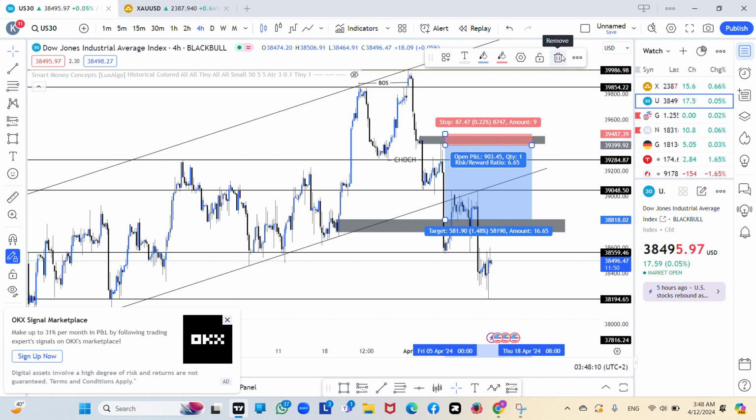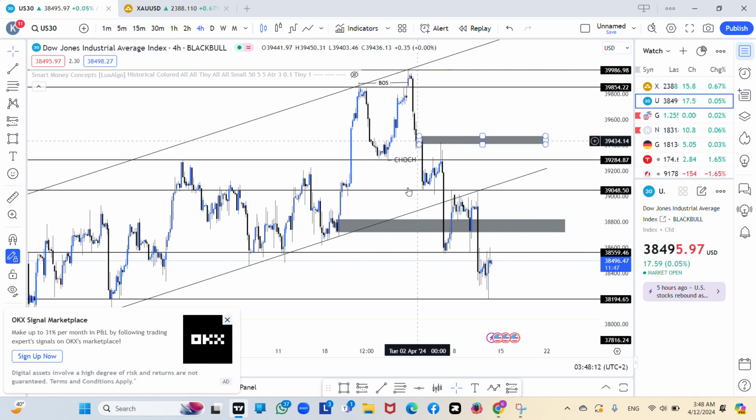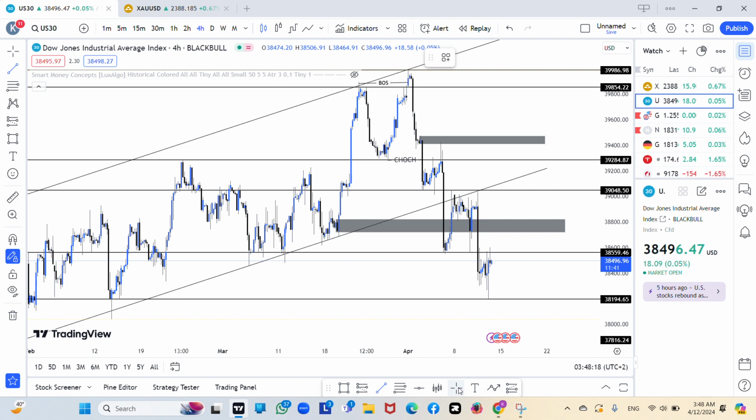So let's analyze the current market price. As soon as prices changed that character, I saw that, okay, selling opportunities are on their way.